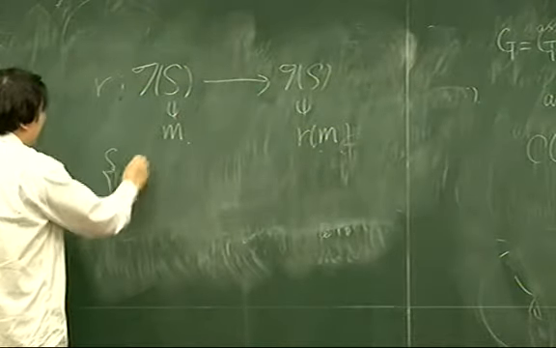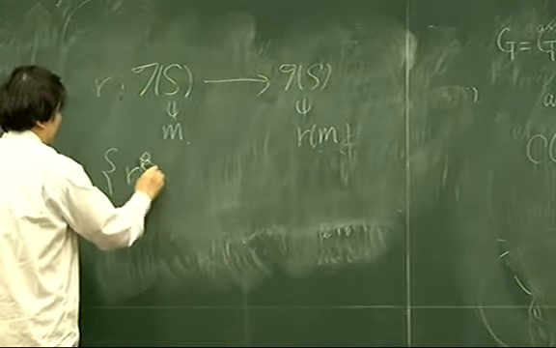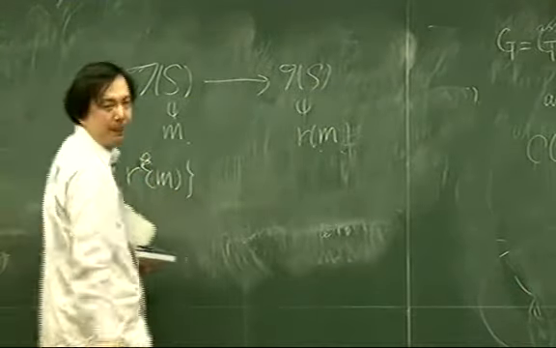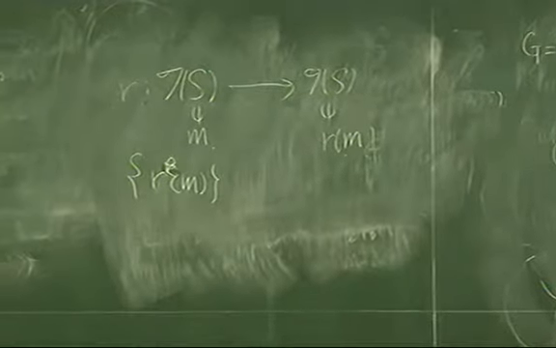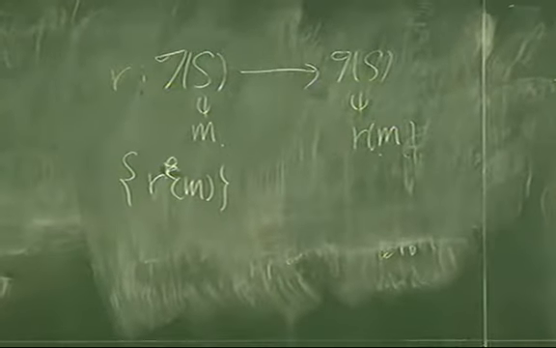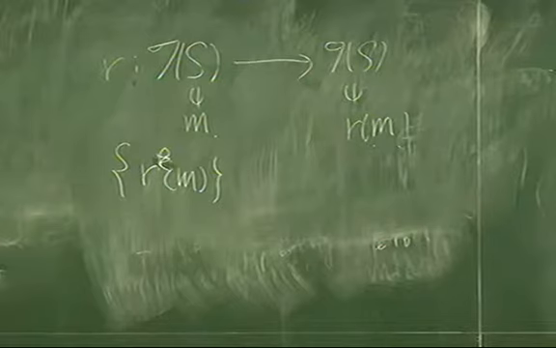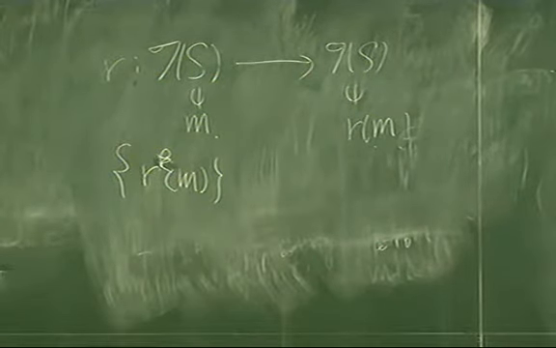He tried to iterate this map. And if that converges to some point in the Teichmüller space, then that must be a fixed point, right?